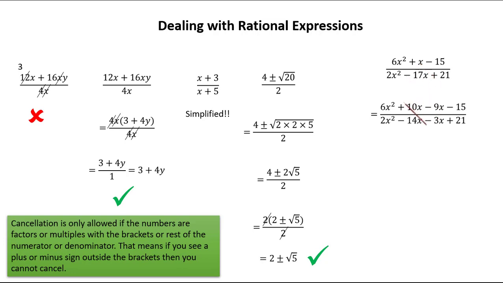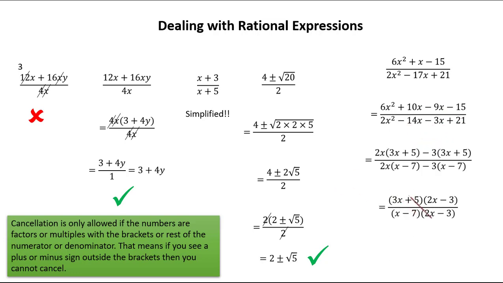We can find two numbers such that on subtraction you get 1 and on multiplication you get 15 times 6, which is 90. So we get two numbers, plus 10x and minus 9x, and in the same way in the denominator you can factorize this to get these two factors, and now you can cancel the 2x minus 3's and the remainder is the answer. I hope you understood this.